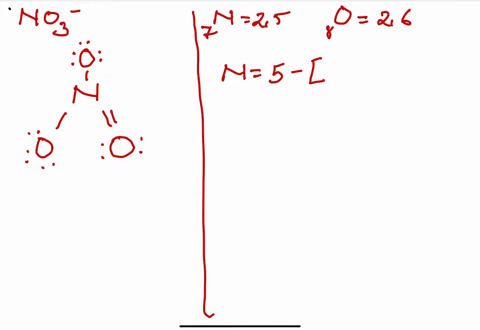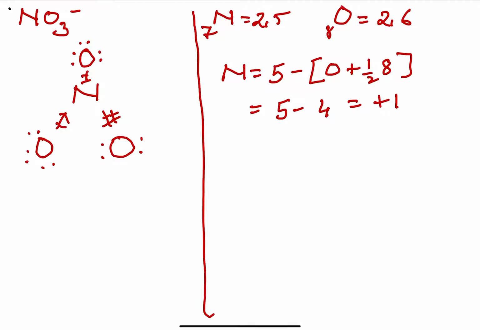How many lone pairs are there? No lone pairs, so 0, plus half the number of bonded or shared electrons. How many shared electrons are there? 1, 2, 3, 4, 5, 6, 7, 8. So 8 shared electrons. So 5 minus 4 equals plus 1.